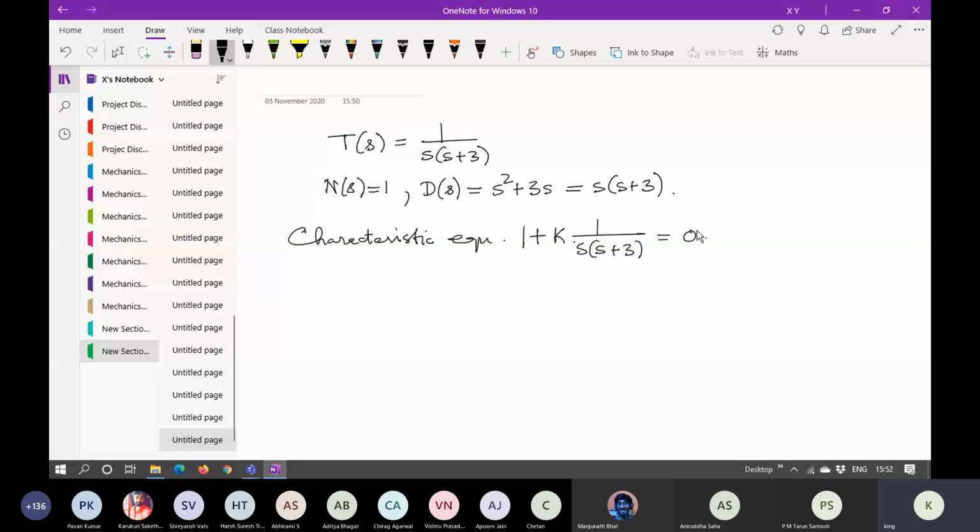So this is what we will be looking at. So one thing is, locus must be symmetric about the real axis.